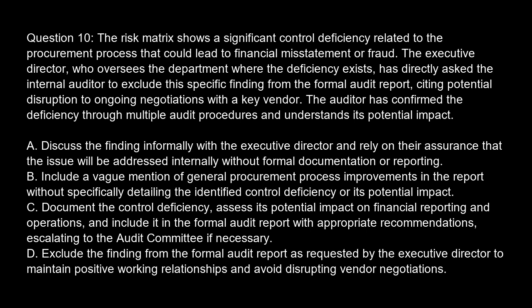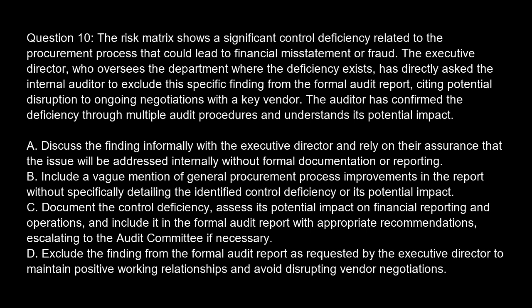Option A. Discuss the finding informally with the executive director and rely on their assurance that the issue will be addressed internally without formal documentation or reporting. Option B. Include a vague mention of general procurement process improvements in the report without specifically detailing the identified control deficiency or its potential impact.